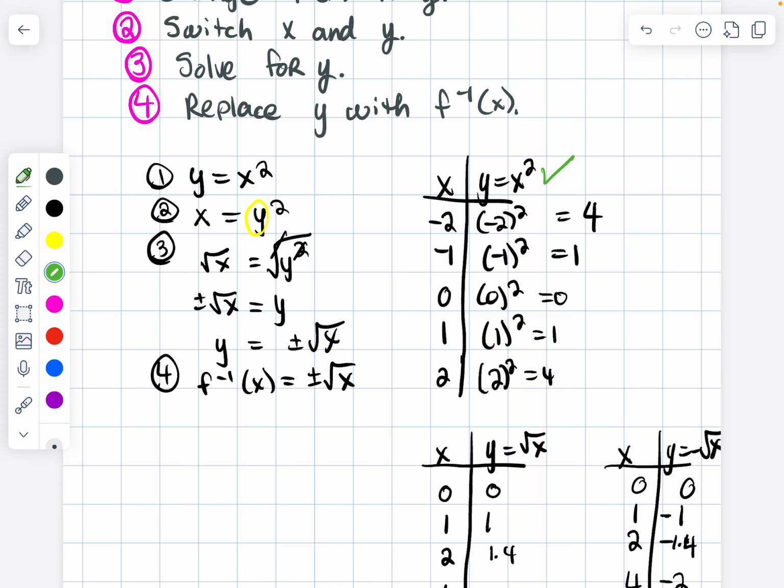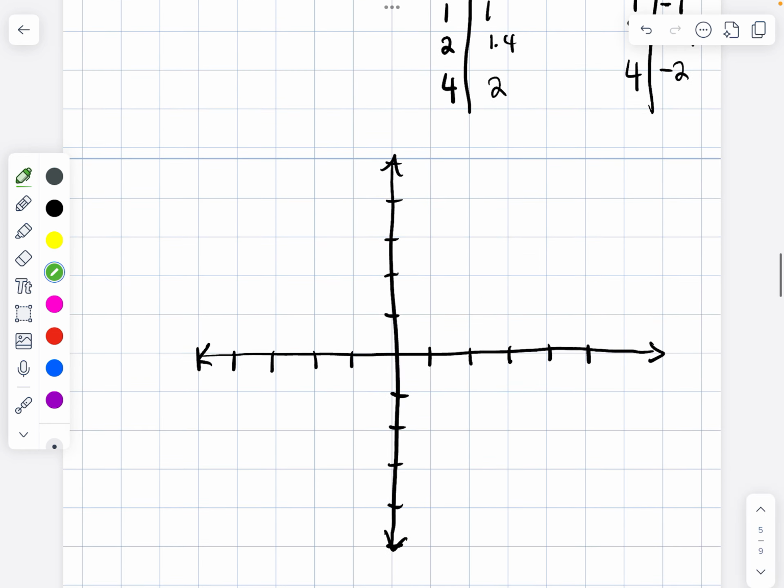This is going to be our first. So -2, 4, -1, 1, 0, 0, 1, 1, 2, 4. All right, I'm going to do that in pink. Okay, so this is our y equals x squared.